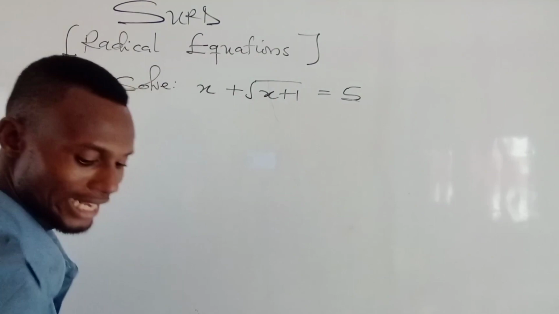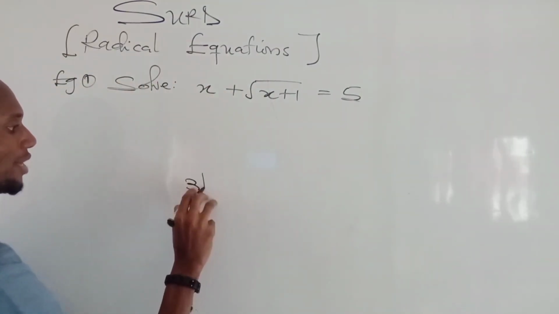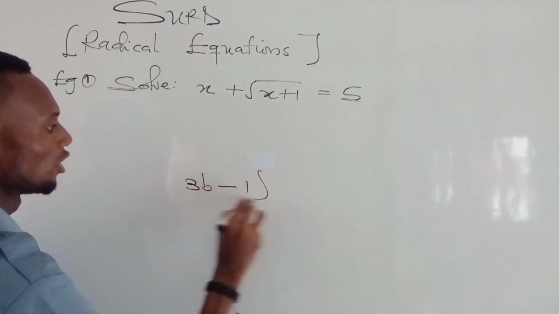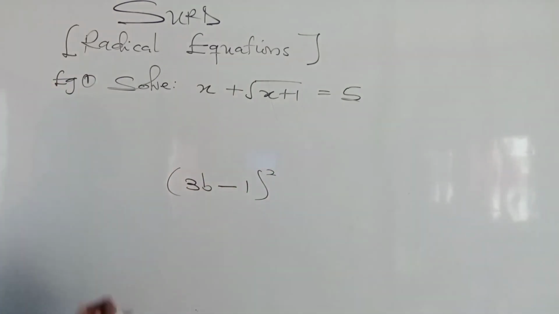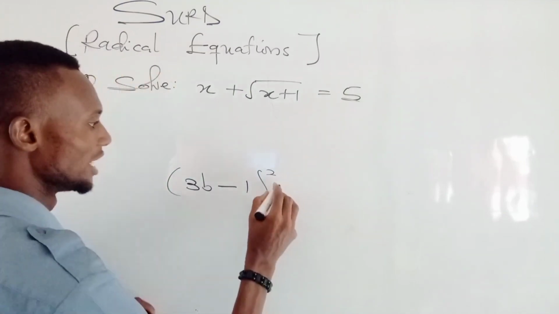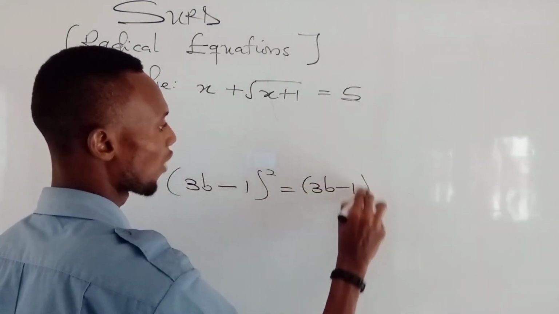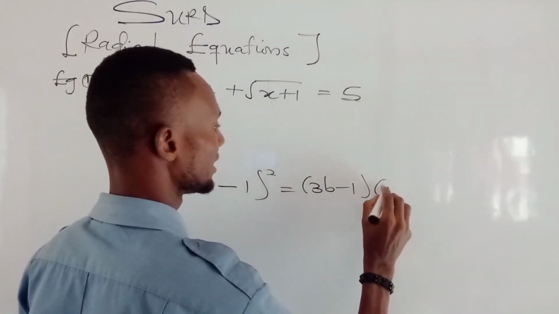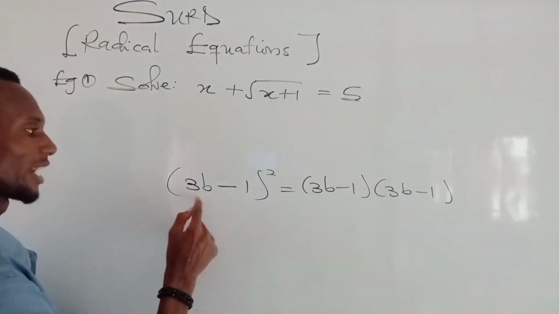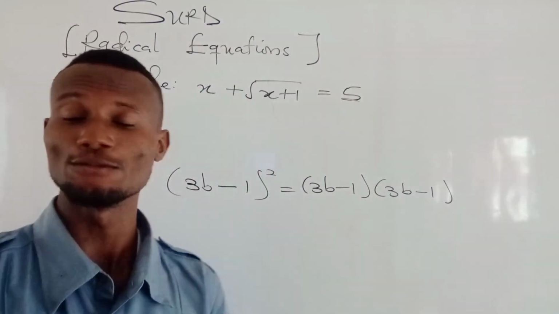Now the last one, let's say I have 3b minus 1 all squared. Let's first go through the multiplication of 2 binomials approach. 3b minus 1 all squared means 3b minus 1 is multiplying itself 2 times.